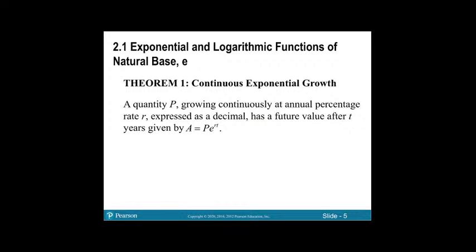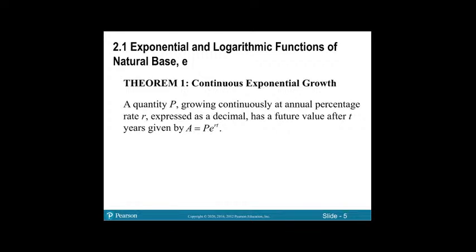This is continuous compound interest from college algebra, where P is the starting amount, the principal, r is the annual rate of growth, and t is the time in years. This will tell us how much of that item is there if it grows continuously throughout the year.